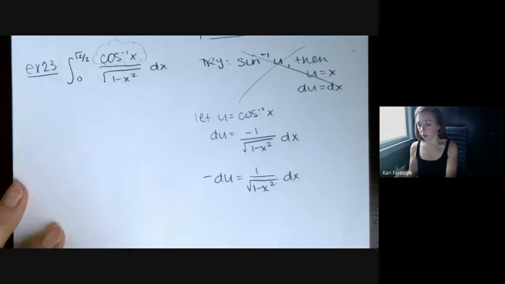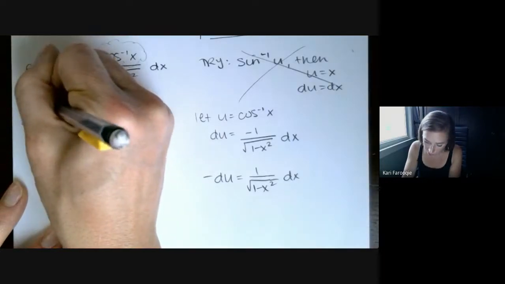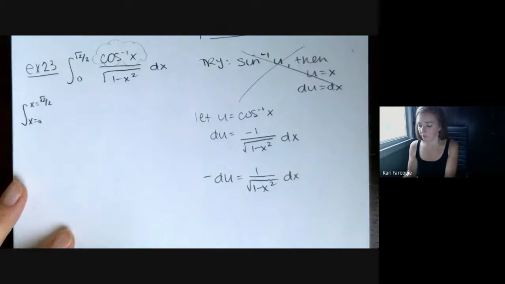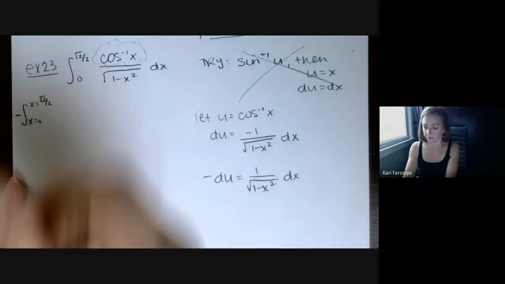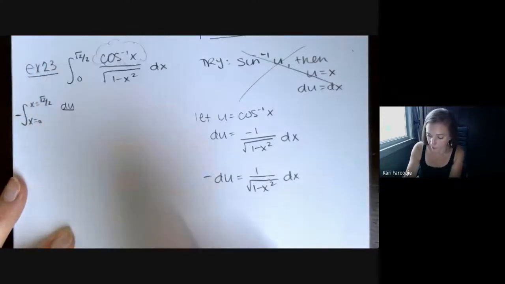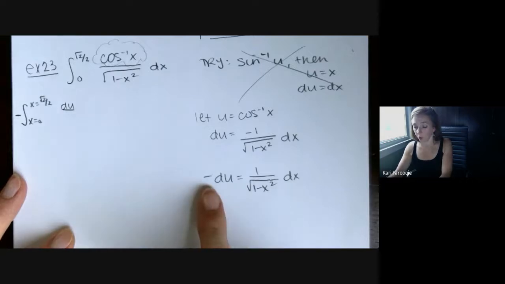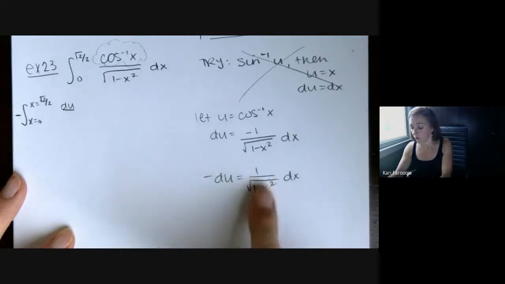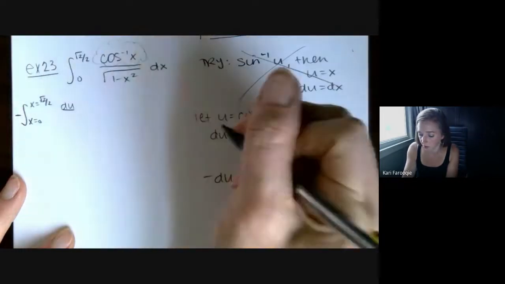Okay, so let's swap it out. We have x equals 0 to x equals root 2 over 2. And then you have negative du, sorry, negative du is 1 over the square root of 1 minus x squared dx.